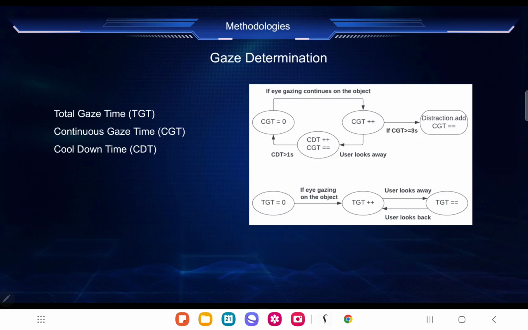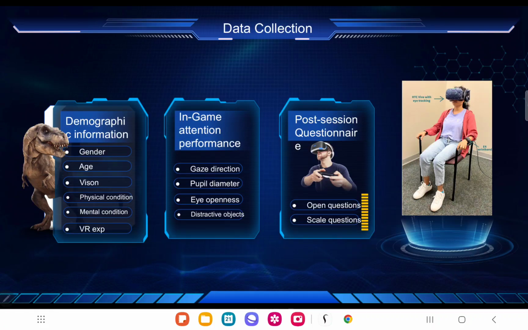And if we judge that the kid is distracted by some object, we add that object to the distraction object set. And then we have some very preliminary data collection through a user study.